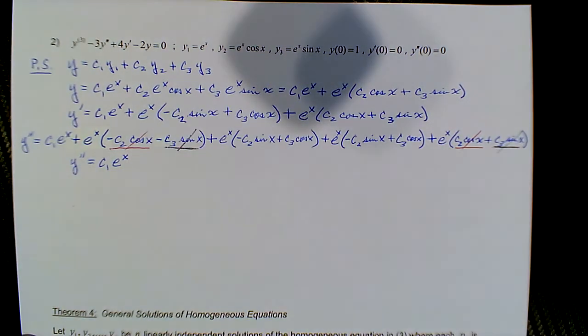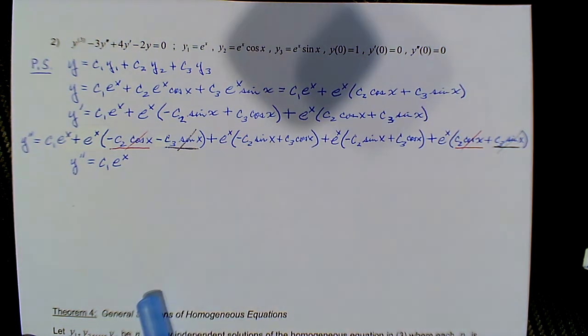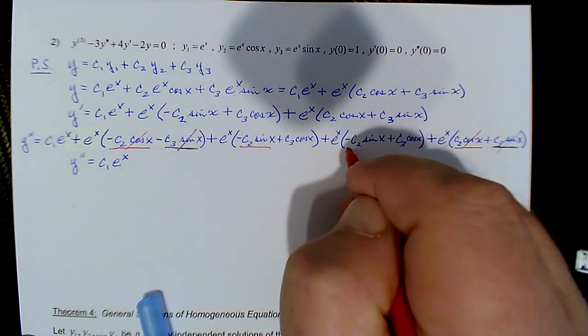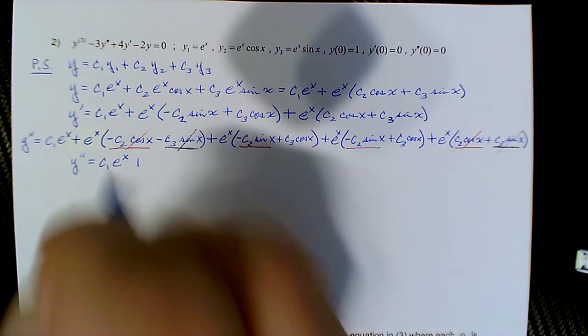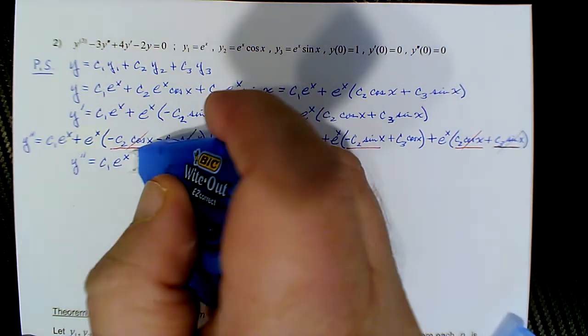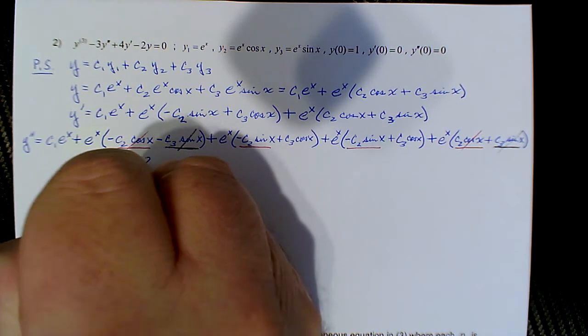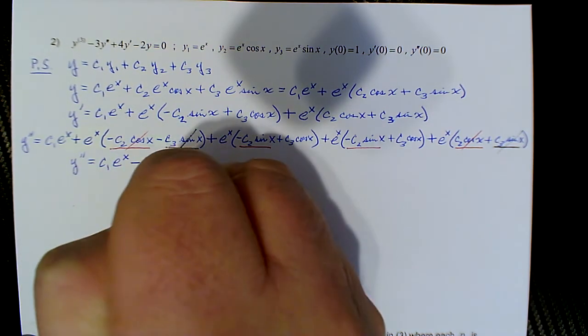And then we've got some common factors. The negative C2 sine with this negative C2 sine give us minus 2 C2 e to the x sine of x.